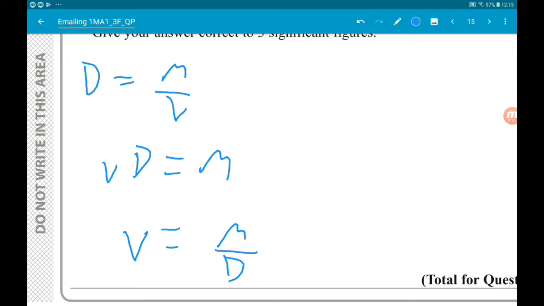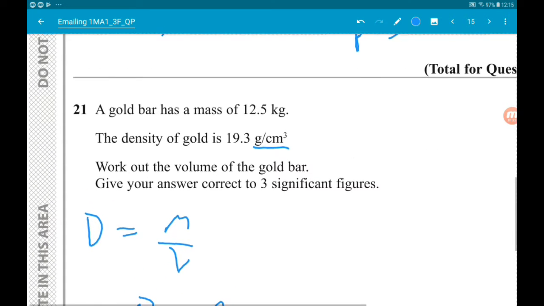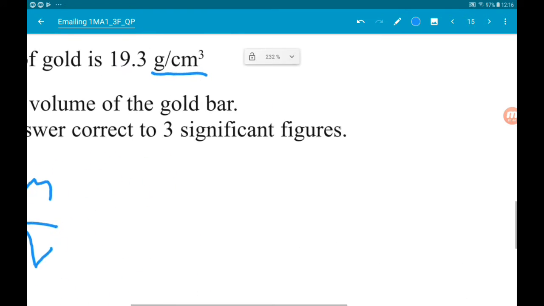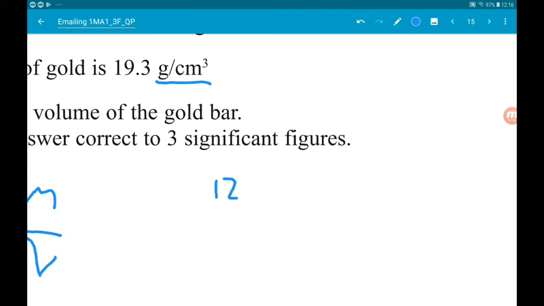Now we need to be careful because we have a mix of units. The mass is in kilograms, the density is in grams. So we need to turn 12.5 kilograms into grams. So, to do that, we multiply by 1,000.